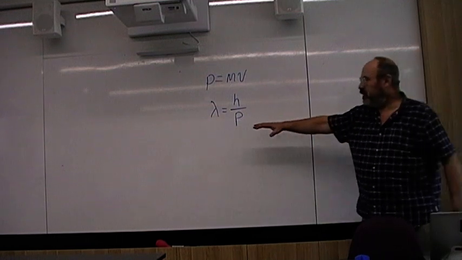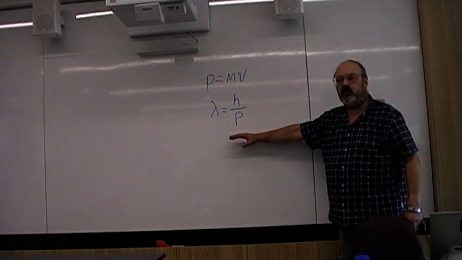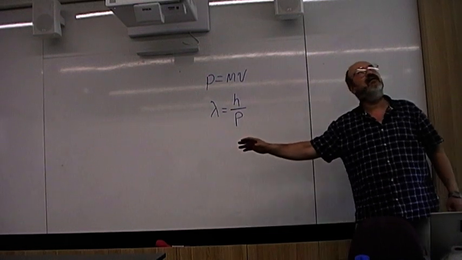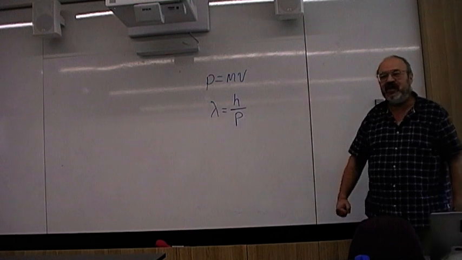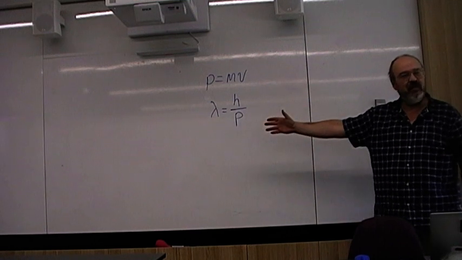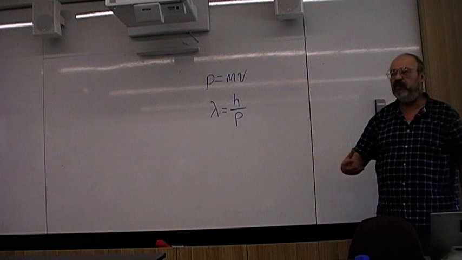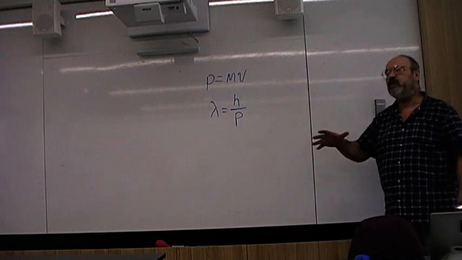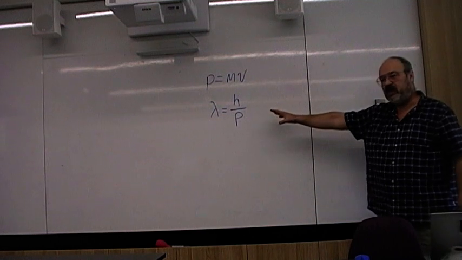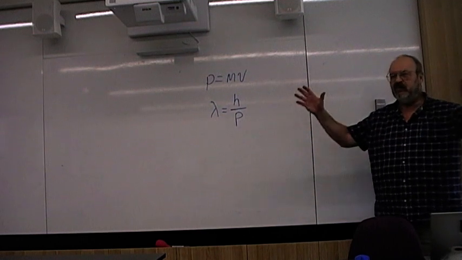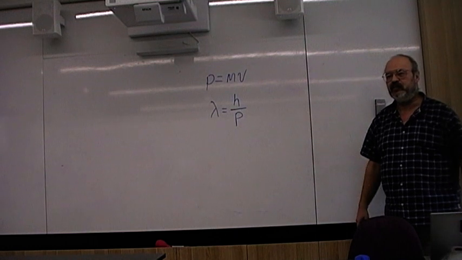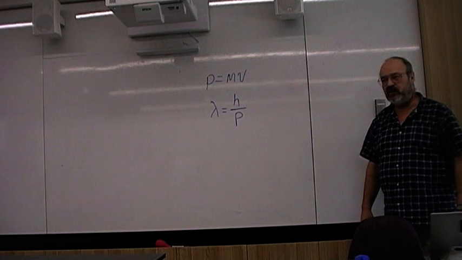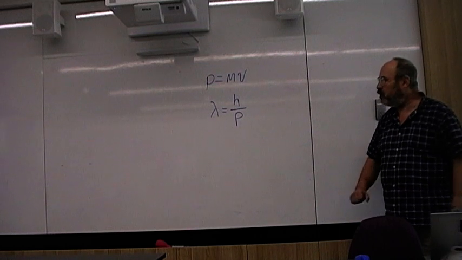It's not that de Broglie looked at the ceiling and said, let's make the wavelength equal to Planck's constant divided by momentum. It came from analyzing the results of the hydrogen spectrum. So it's not from nowhere. We will talk about it later.